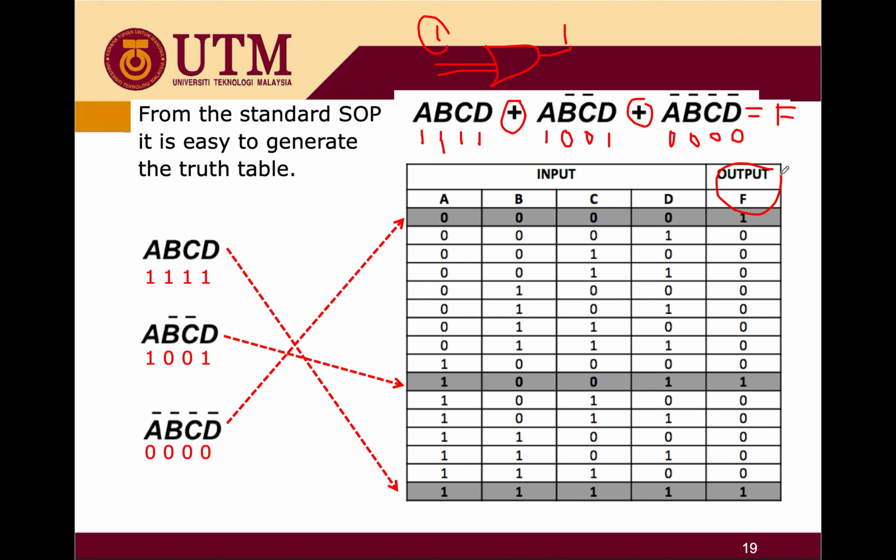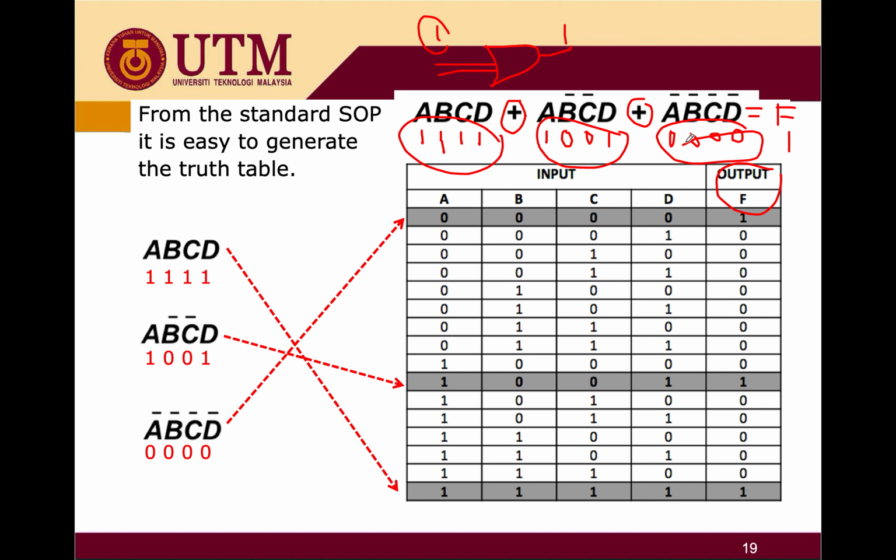You will get output 1 if the input is 0 0 0 0, and then 1 0 0 1, and also 1 1 1 1. So let's take a look.